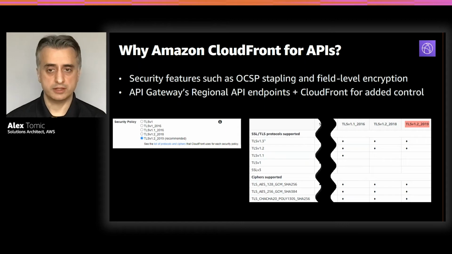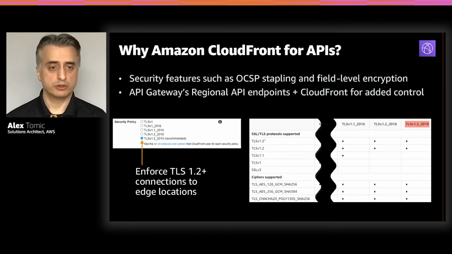So CloudFront has some interesting security controls available. For example, CloudFront configuration drives how edge locations handle TLS connections for your CloudFront distribution. One of the great security benefits of using CloudFront is that you can configure the minimum TLS level accepted by your CloudFront distribution.